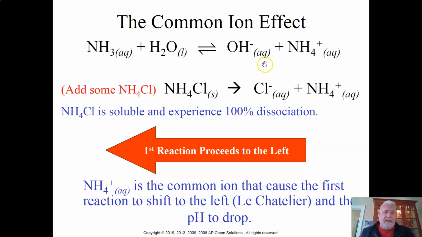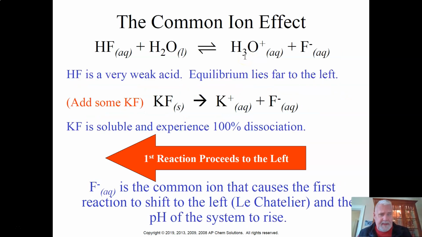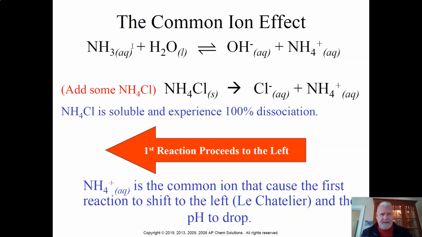Likewise, if you had this system, and this would cause, back here, this would change the pH, right? Because you're going to have less H3O plus, less acid, so the pH would actually go up by adding a salt to the already existing system.